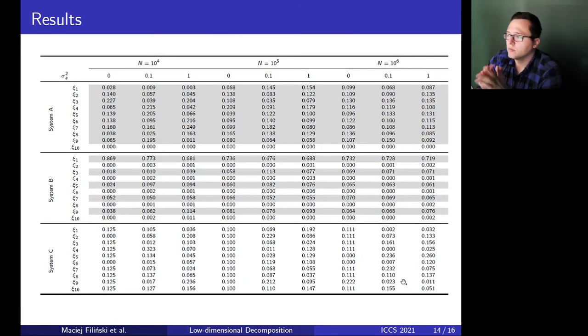Now let's talk about the results. First, we ran our simulation for different numbers of samples and different values of noise variance, with the memory length of each system equal to 9.